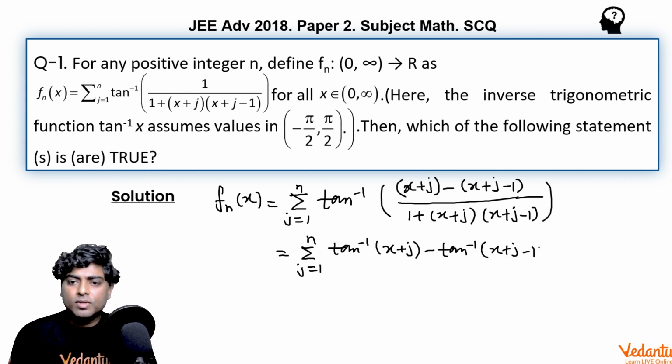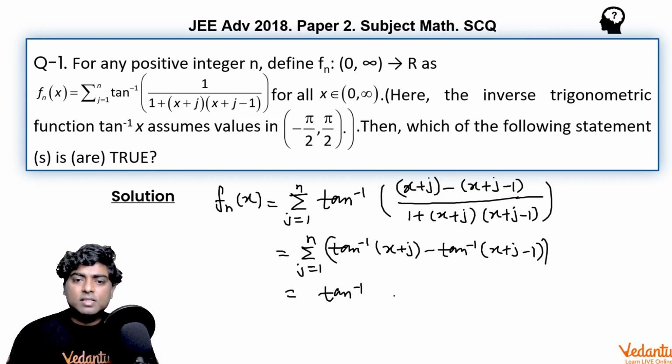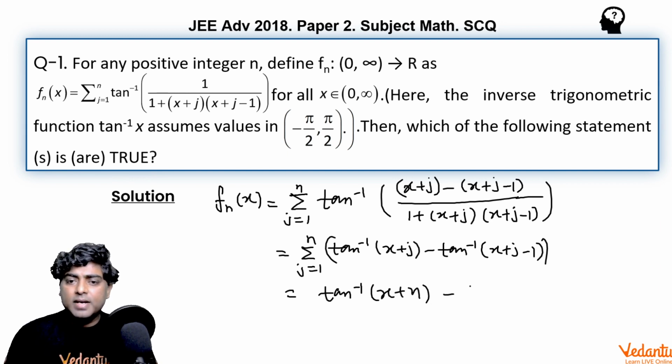Okay, we know it, very standard, very common, and it now goes to the concept of the Vn method, the telescoping method. If you put j equal to 1, 2, 3 up to n, all the terms except two will get cancelled pairwise, plus minus. Finally you will get the largest when j is n, tan inverse (x plus n), minus the smallest when j is 1, tan inverse x.